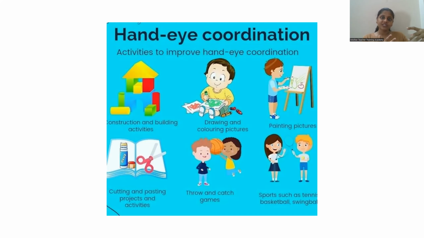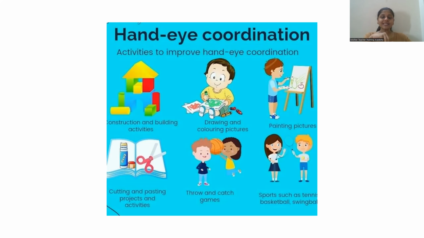Of course, they start with scribbling, followed by controlled scribbling, and that is what we call coloring, and then drawing. So they have different levels. Based on the age, you can give them drawing, coloring, or scribbling, and even painting pictures for slightly older kids, and then cutting, pasting.